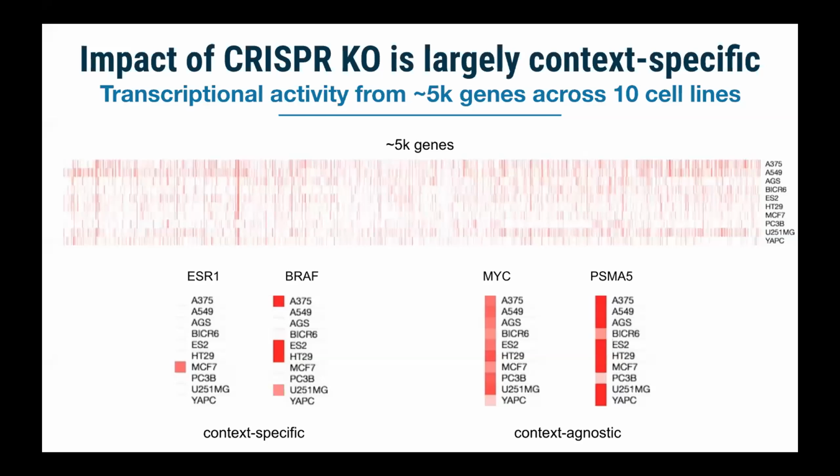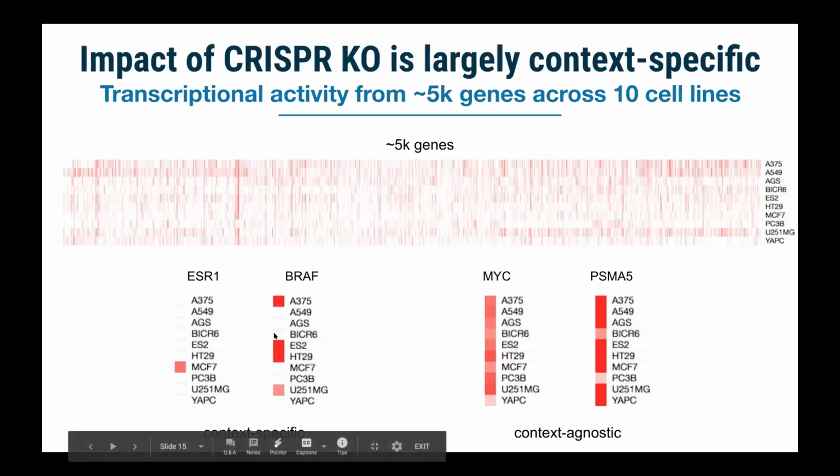If we take a look at the CRISPR data set, this heat map gives us a high-level view of the transcriptional activity of about 5,000 genes in 10 different cell lines. You can take slices out of this heat map to look for genes that have interesting patterns.